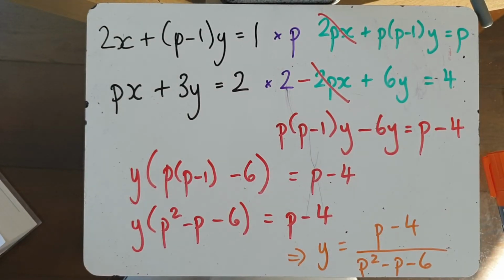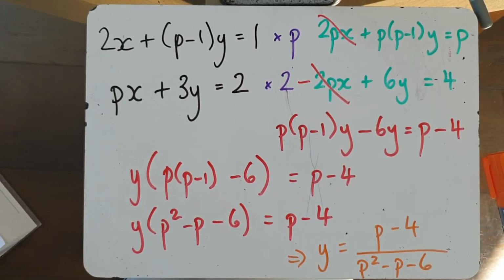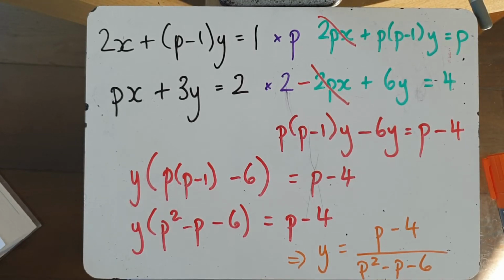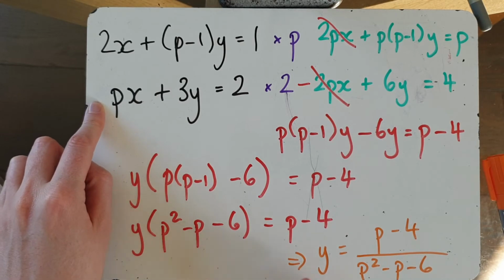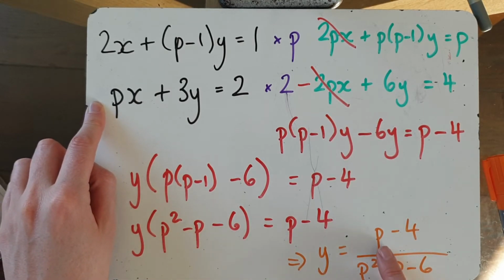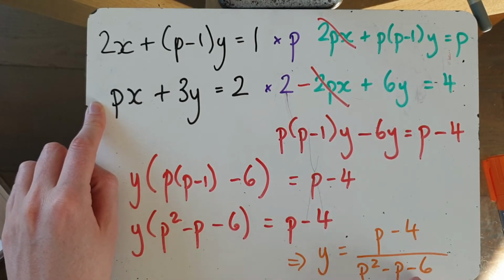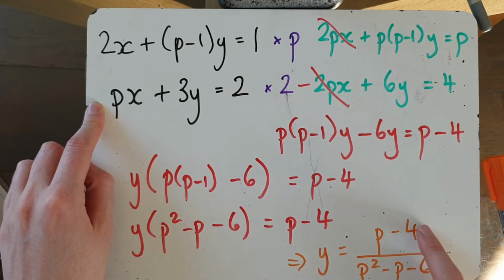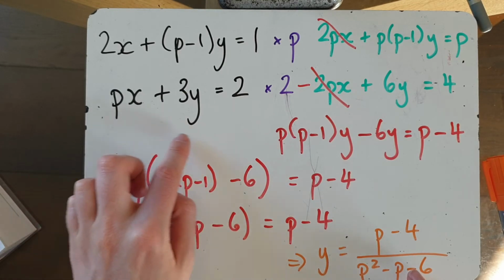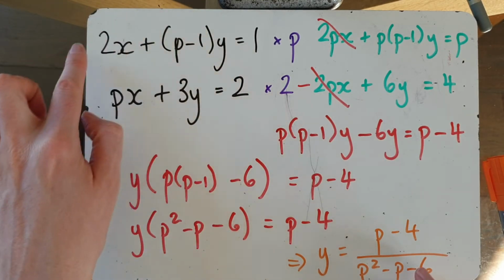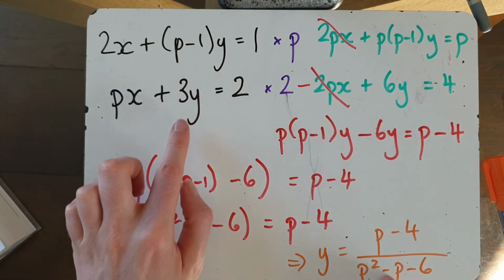For part B, we need to find the unique solution in terms of p. So these were our original two equations, and we got down to y equals (p minus 4) over (p squared minus p minus 6). We can substitute this into this one. It's easier to substitute it into this one than into this one. So I'm going to substitute this into here.